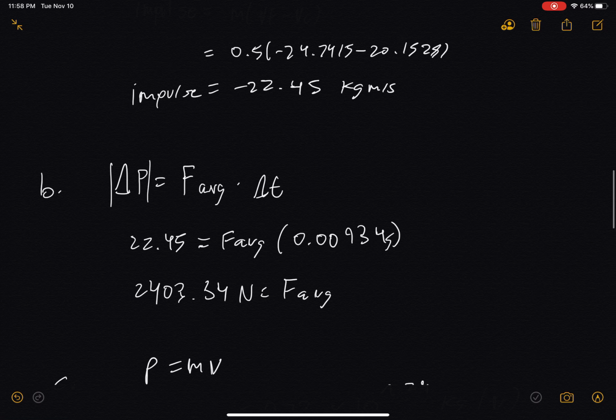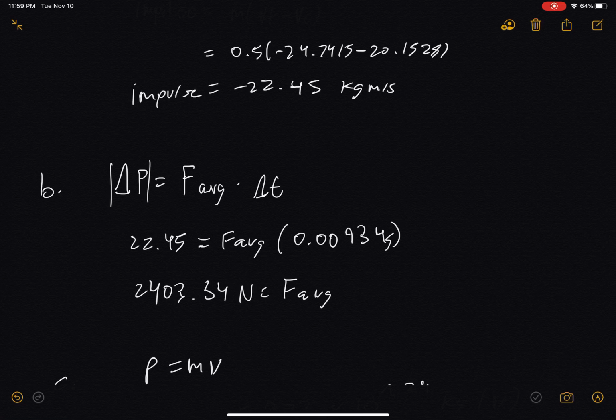Now, question B asks, if the interaction between the ball and the ground only lasts 9.34 milliseconds, what is the magnitude of the average force exerted by the ball on the ground? Using conservation of momentum here, the absolute value of the change in momentum equals the average force times the change in time. We're given a time, 9.34 milliseconds.